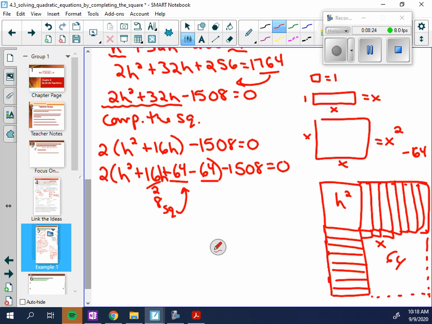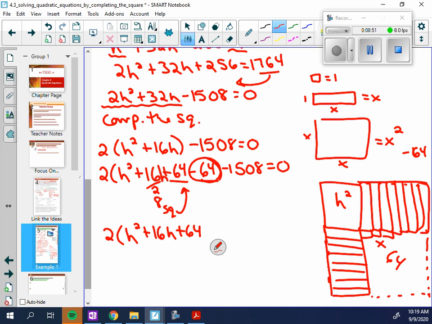All right. So now what happens is I'm going to keep these first 3 terms in here. The reason why I'm going to keep these first 3 terms is because those are the 3 that are going to make my perfect square. This guy right here does not make part of my perfect square. He's extra. He's on the outside.